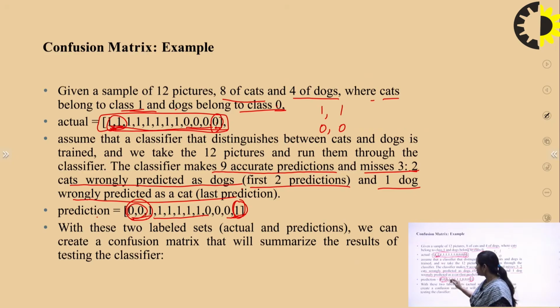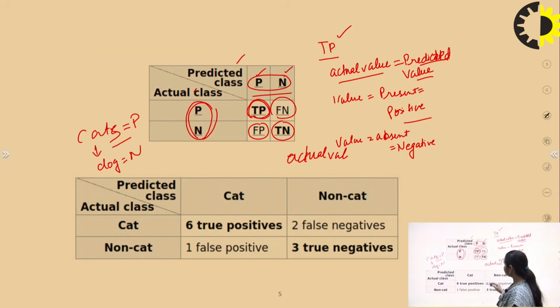This example shows that these values differ from these values, right? So, we can classify whether our values lie under true positive, false negative, false positive, or true negative. In the predicted class and actual class, for cats, 6 true positive values are there and 2 false negative values, because those were cats but described as non-cats.